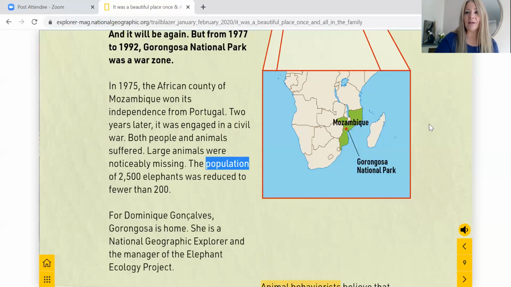That's not a word that a lot of second going into third grade students use all the time. So did you stop and use your strategies to figure it out? I hope that that's a word you tuned into, because I don't see a lot of you out there able to tell me what population means. Okay, so number 1, first strategy. Did the author explain it in the sentence or the sentence after or the sentence before?